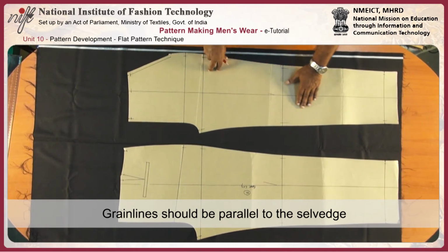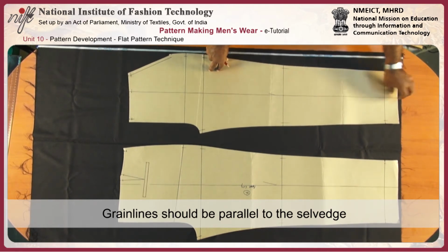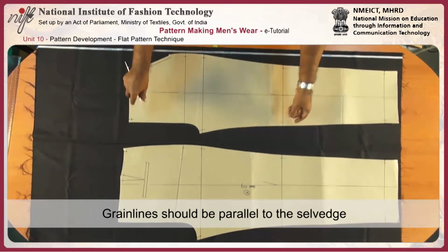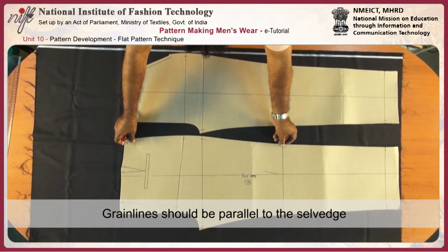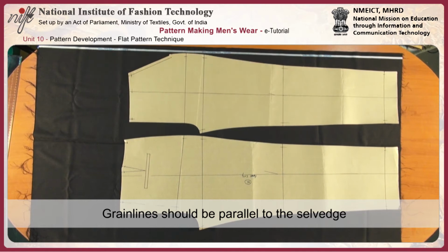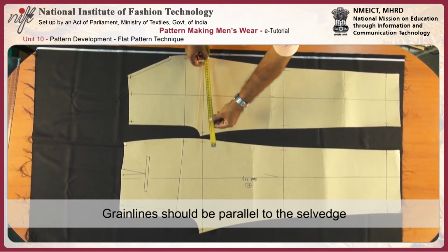So the fall of the leg will be straight. In the same way, you also have to take the back leg parallel to the front crease line.